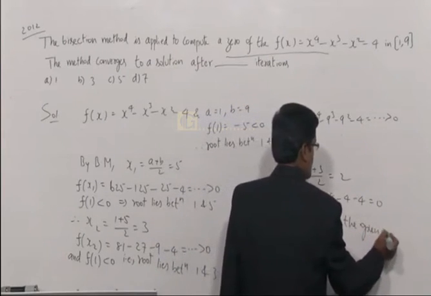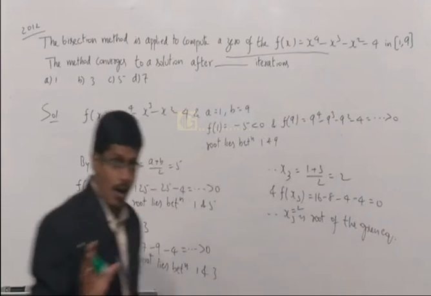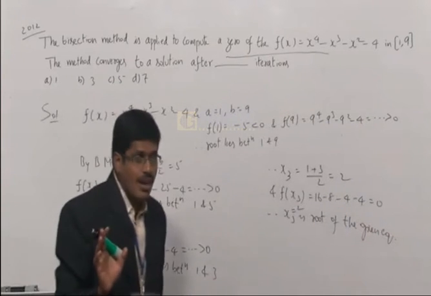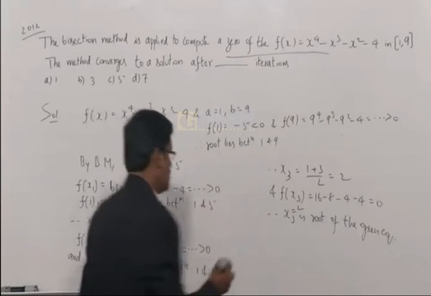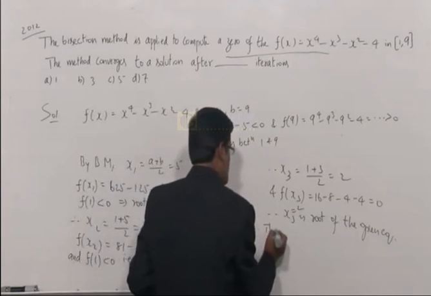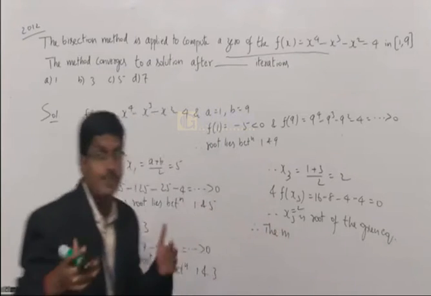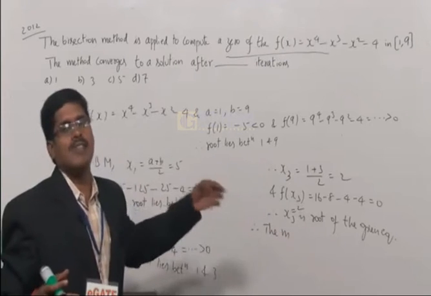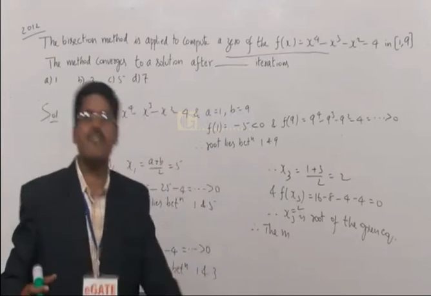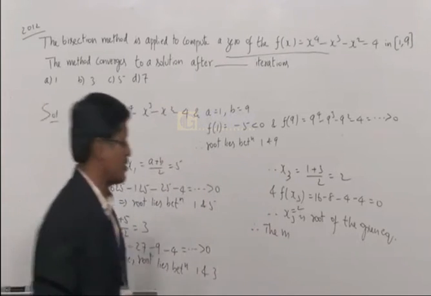But the question asked after how many iterations, not what is the root of the equation. Therefore the method converges after how many steps, how many iterations, we got the answer. Converging to a solution means you should definitely get the answer, one of the roots of the equation.